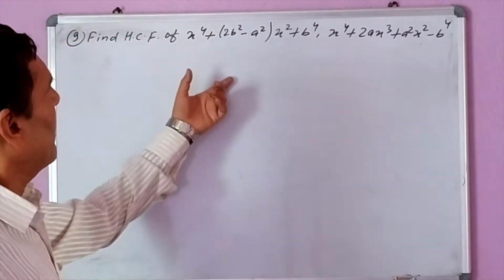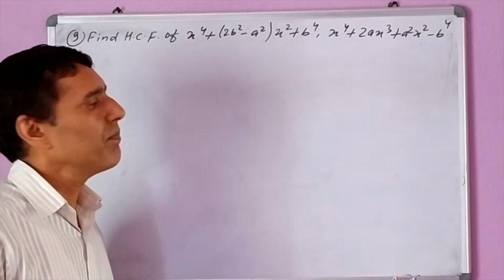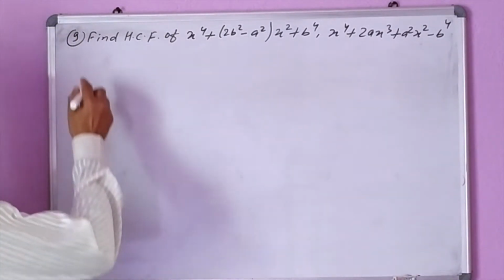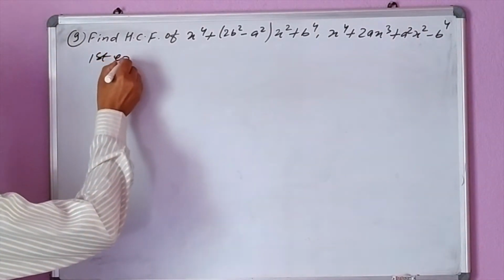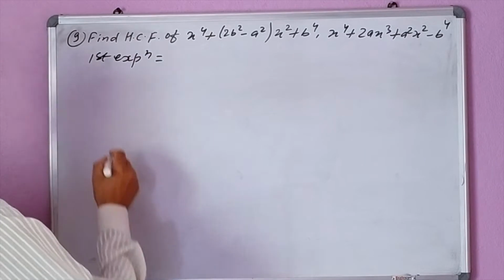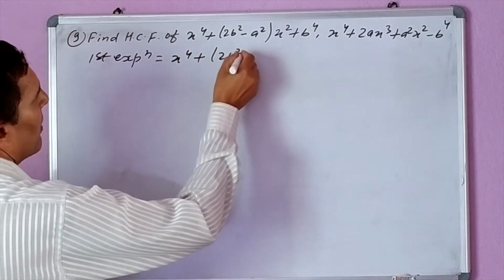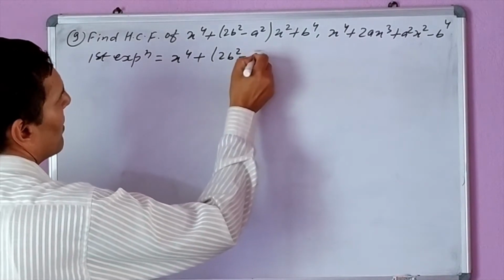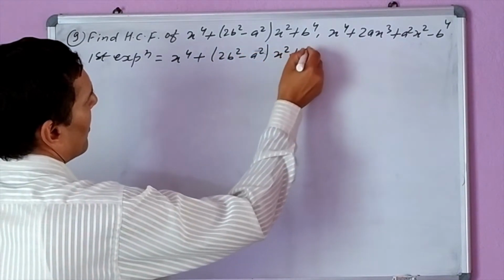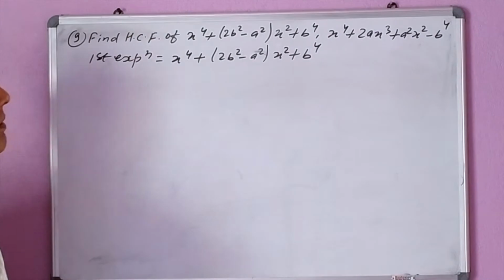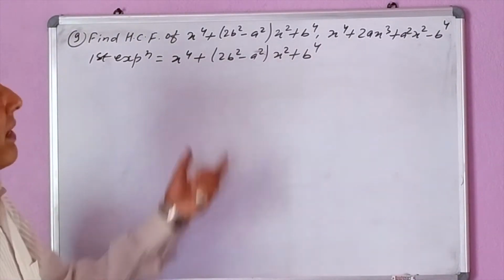First we factorize the given expressions. So our first expression is x^4 + (2b^2 - a^2)x^2 + b^4. How can we factorize this expression?